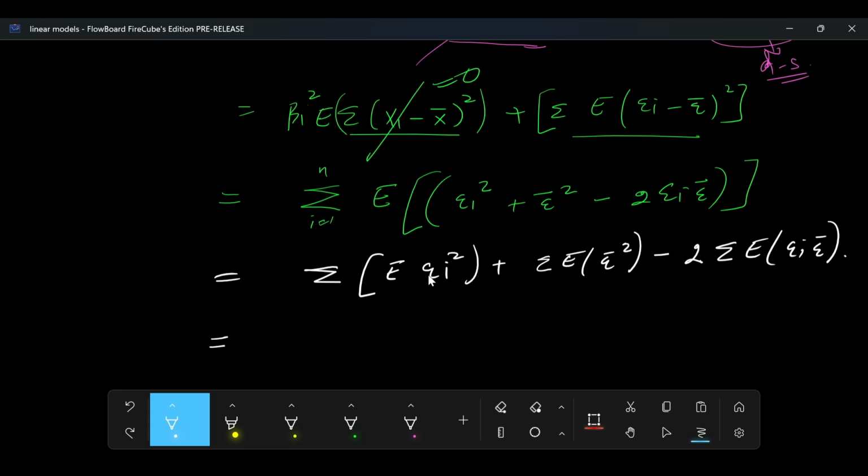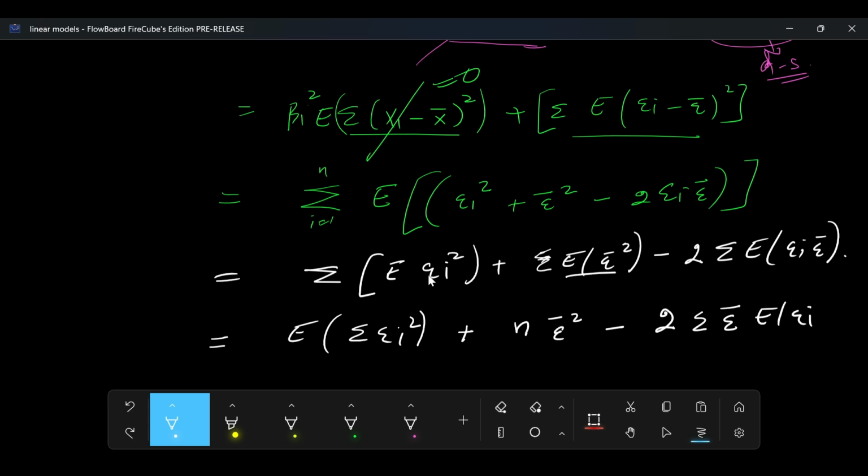So this is equal to expectation of summation ei square plus, epsilon bar is constant, so expectation of epsilon bar square is constant, and the summation changes into n, so this is n epsilon bar square, minus 2 summation epsilon bar expectation of ei.